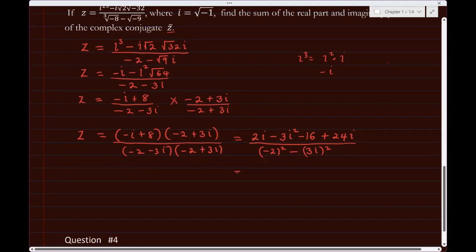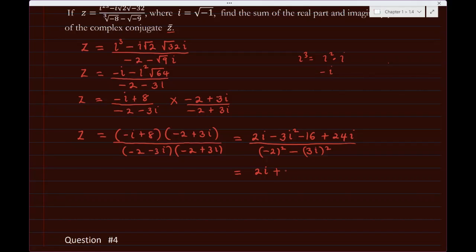Okay. Now, this is equal to 2i. This will become plus 3 because i squared is minus 1. And this is minus 16 plus 24i, divided by 4. This is i squared, so this will be plus 3 squared is 9, i squared is minus 1.